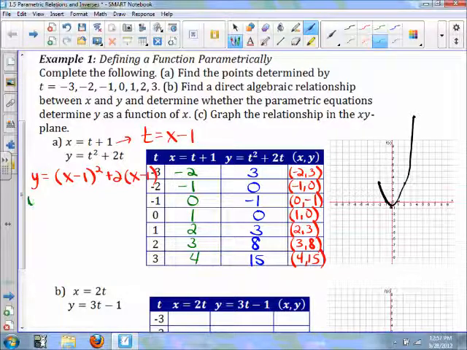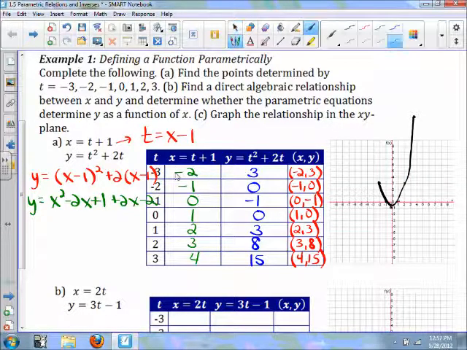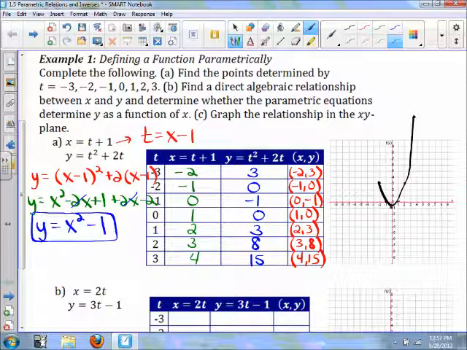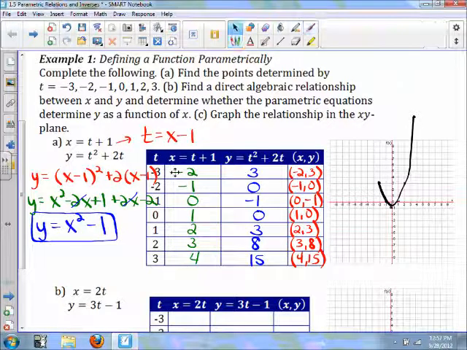Simplifying that, x minus 1 squared will be x squared minus 2x plus 1, plus 2x minus 2, which means y will equal, well, the 2x will go away, x squared minus 1. So there's our algebraic relationship, and if you look at it, it does look like a parabola that is x squared that is shifted down 1.